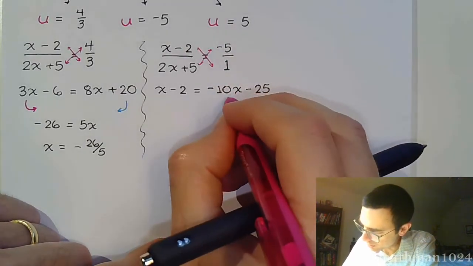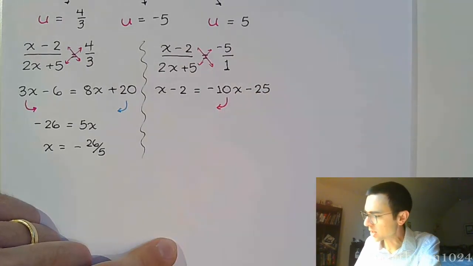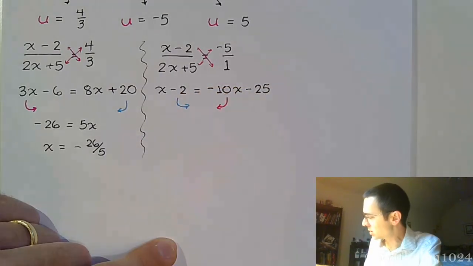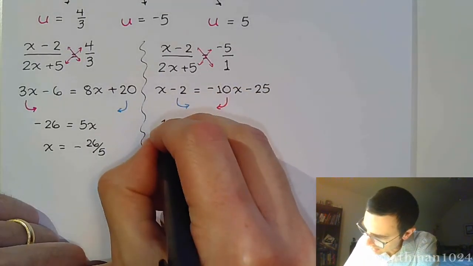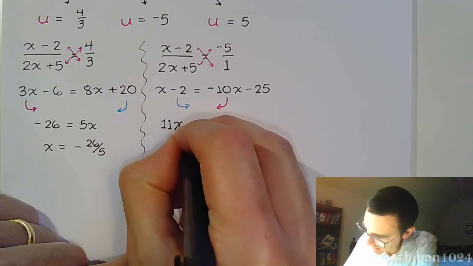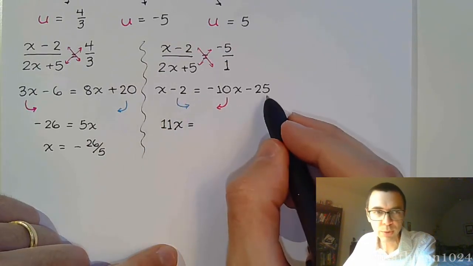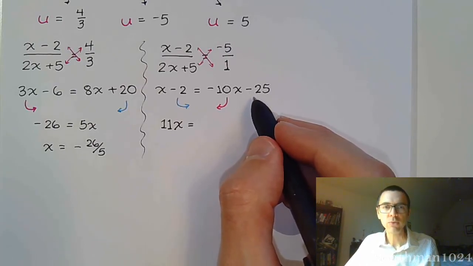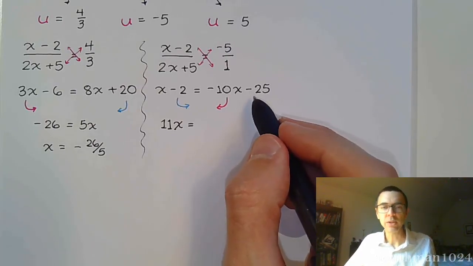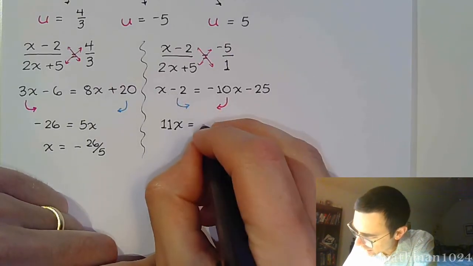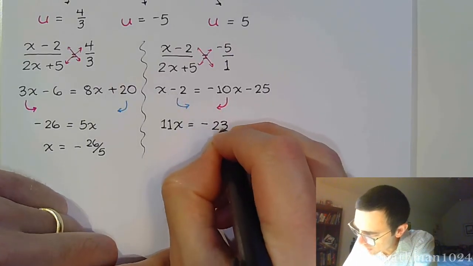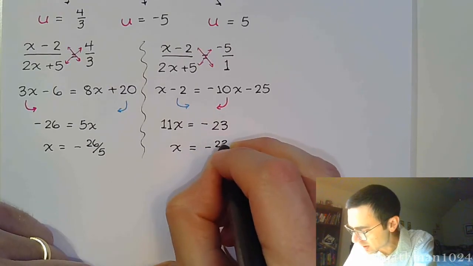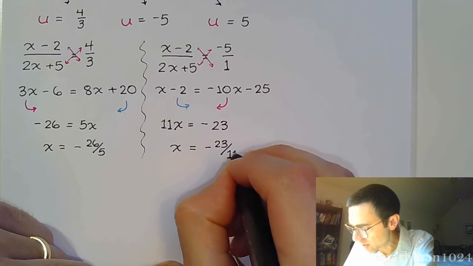And here, I'm going to move my variables to the left to get a positive coefficient. And then my constant is going to go to the right. So I have 11x is equal to, add 2 to both sides. If you need to write plus 2 and plus 2 so that you don't make a mistake, go for it. All right? No need to make careless mistakes. Add the 2 and we get negative 23. Divide both sides by 11. Negative 23 over 11.